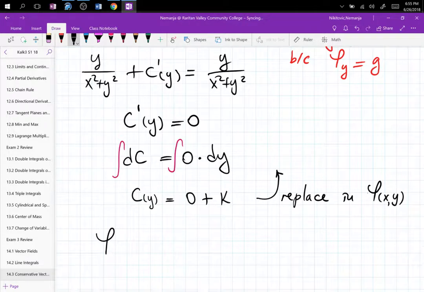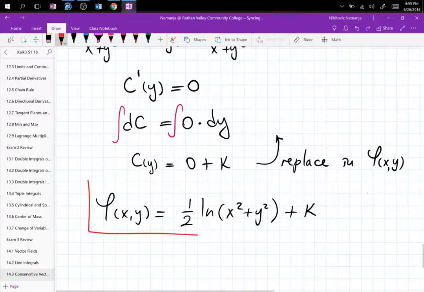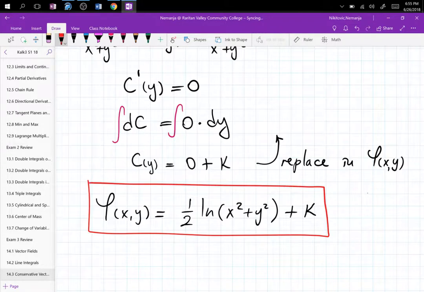So phi(x,y) was equal to 1/2 ln of x squared plus y squared, plus c as a function of y. Now we have plus 0 plus k, so it's just plus k. And this is it. So this is the potential function which will generate the field we had.